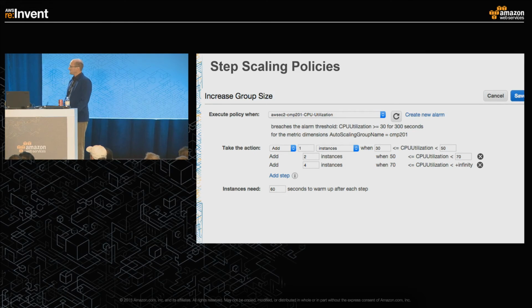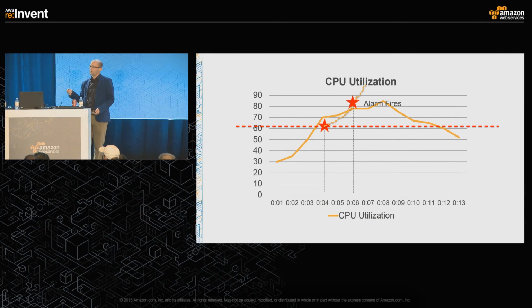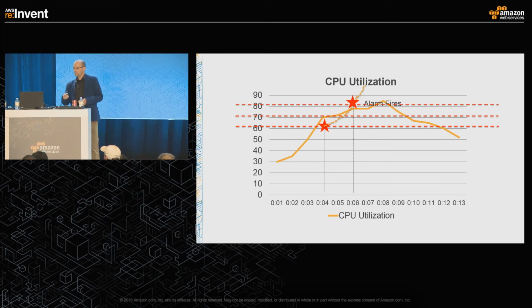But when it's above 70, I'm just going to add 4 because it seems to be growing. And the actual values don't matter, but what matters is that now you can figure out where to place the thresholds. You can have not only one, but multiple thresholds, and make sure that you pick the right strategy to address the metrics that you see over here.